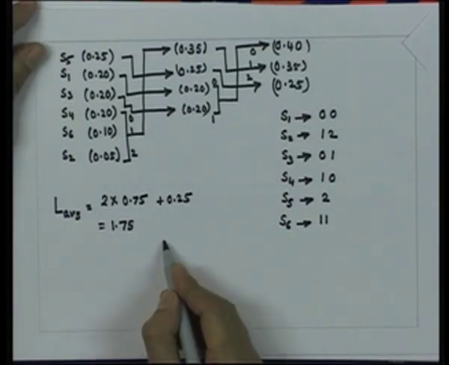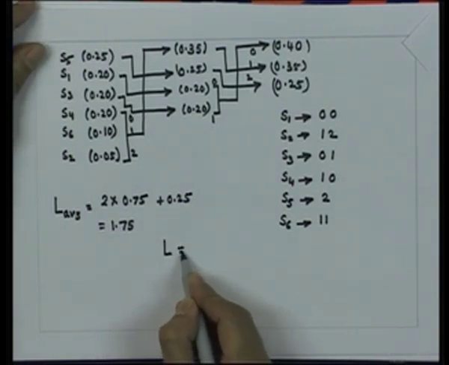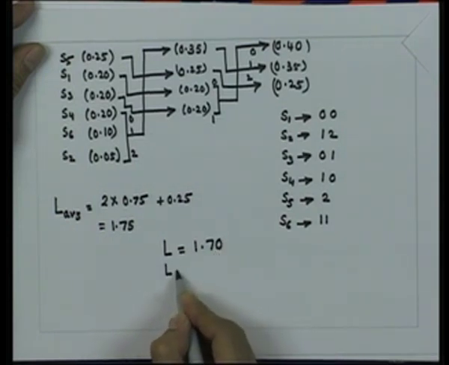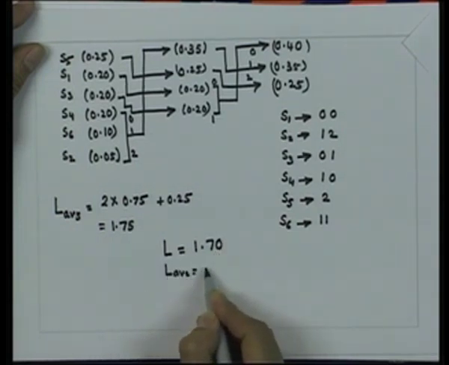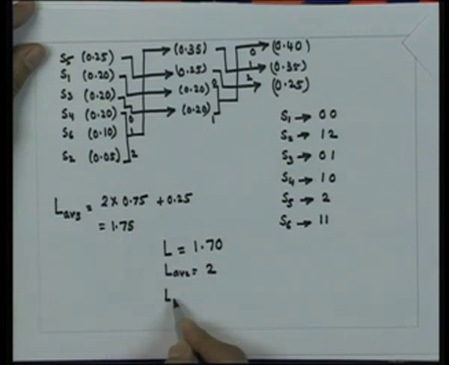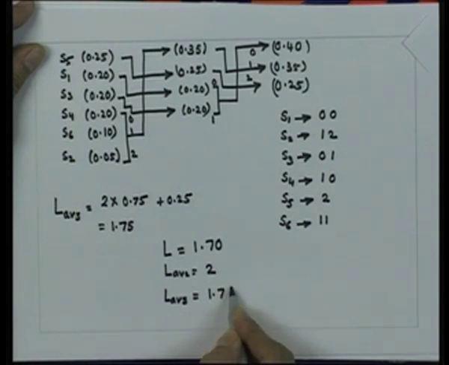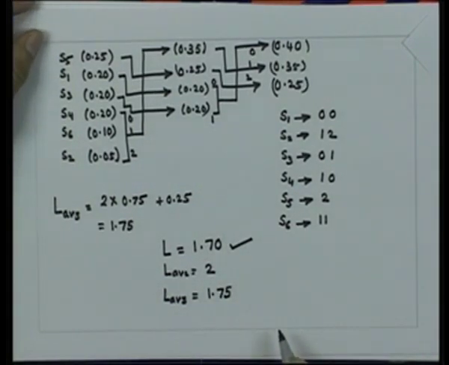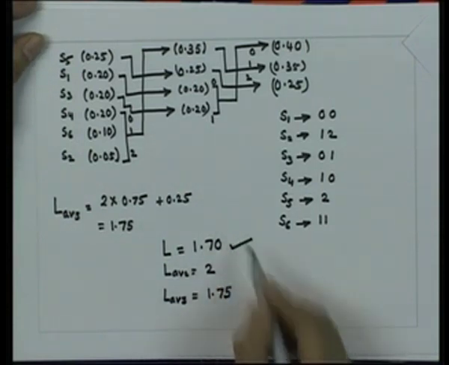So, the first case we got L as 1.70, second case we got as 2 and the third case we got as 1.75.